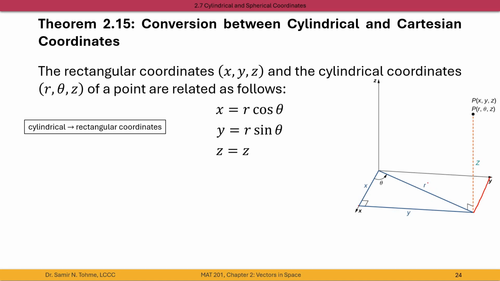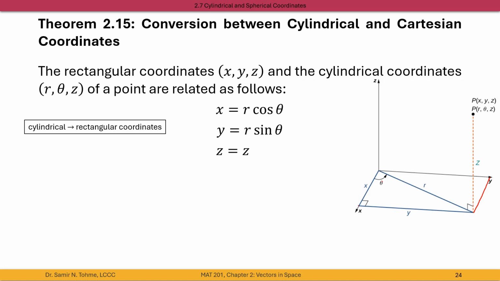Keep in mind that r is obtained after projecting onto the xy plane. There is a lot of misconception about r. You only get r after you project onto the xy plane. So let's find x and y from this angle theta, which is the angle between the x-axis and r.